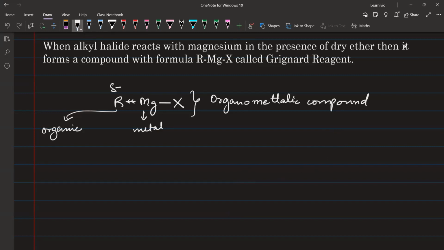So what was your reaction? The reaction is RX plus Mg will give you RMgX.